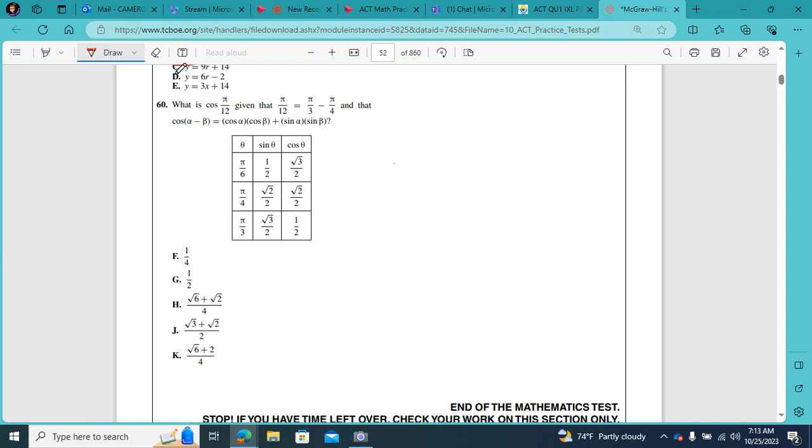So we want to find out the cosine of pi over 12.